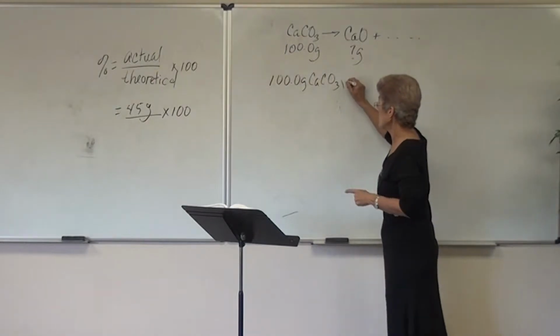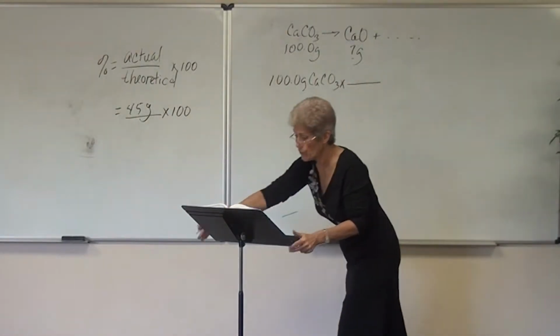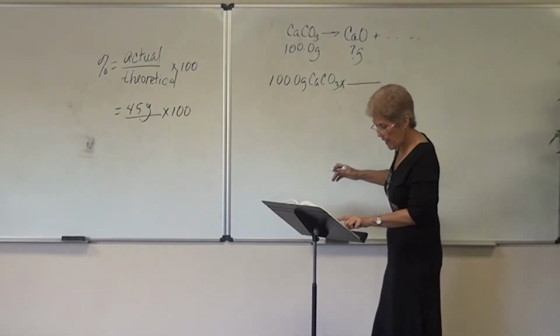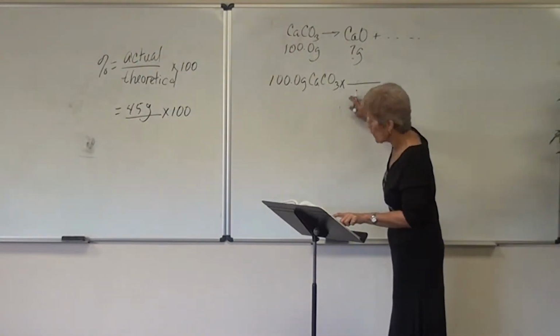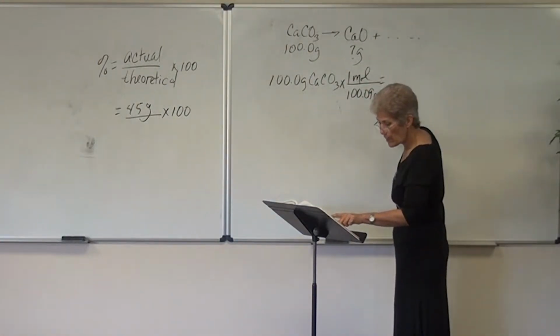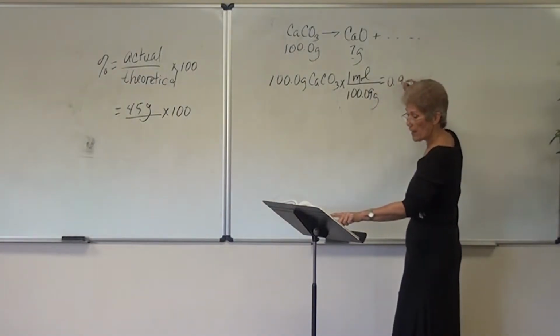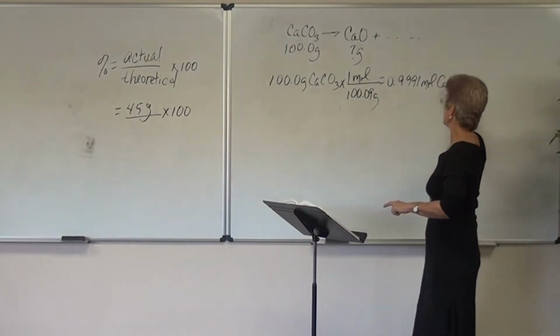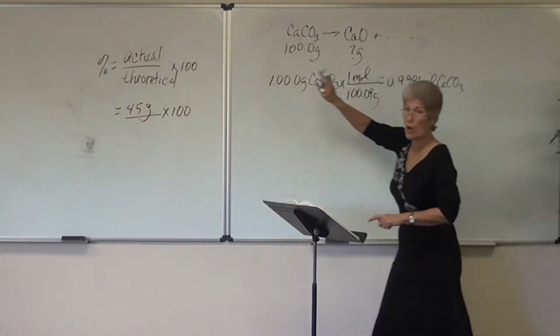So if we can find the moles of this, we can actually find the moles of the thing we're trying to go to. And so let's see, that has 100.09 grams of this to every 1 mole of this. And so that's going to give us 0.9991 moles of CaCO3. Now, like I said, that's a 1-to-1 relationship.